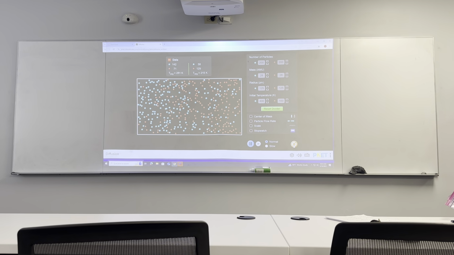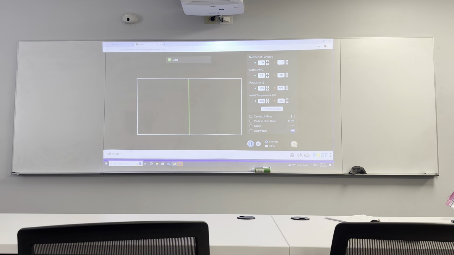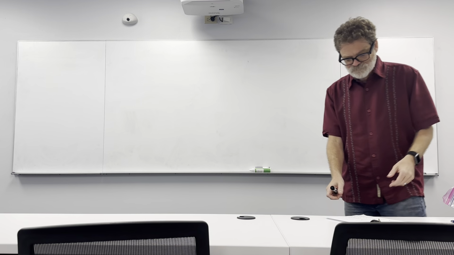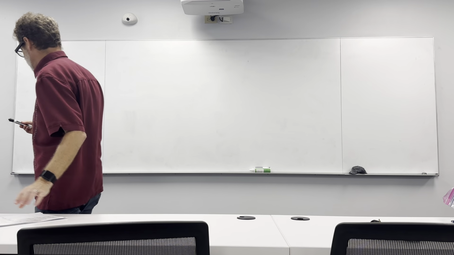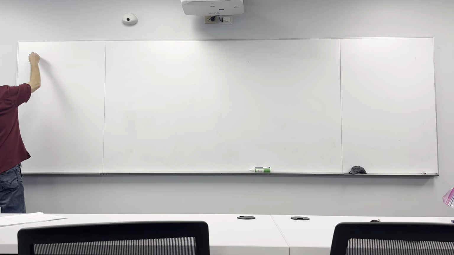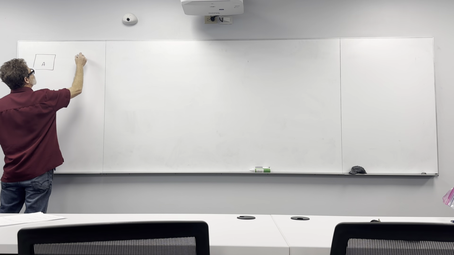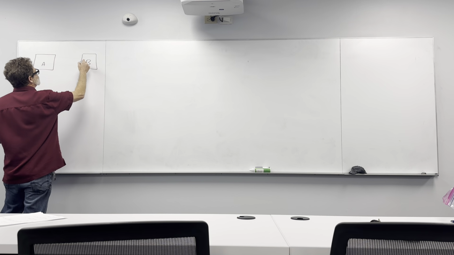Let's reset it, and we'll turn that back on in a minute. Let's approach this from a more theoretical foundation. So if I have two systems, A and B, and I want to think about the multiplicity.